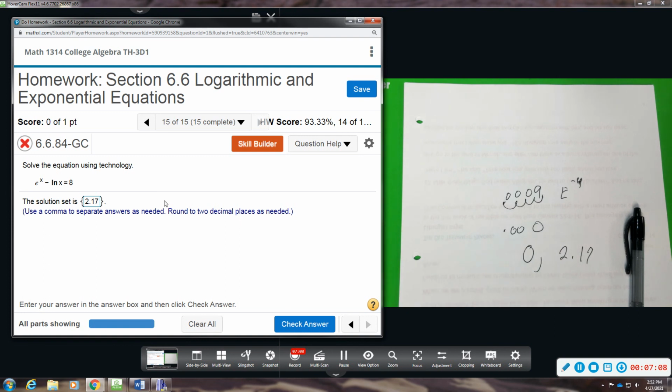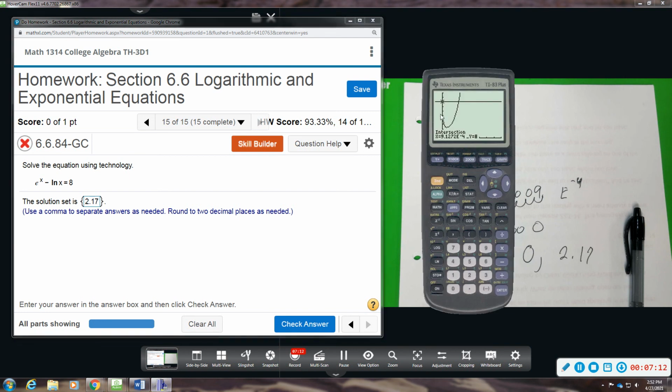So if you get this problem and you're looking at this graph, there's no way that you can tell or even see that this graph is going over. I was even trying to trace it and show you that when I trace that curve, I'm not even getting any values. Like as soon as I get close, I'm at 0.5. When I go back one more time, it just disappears.